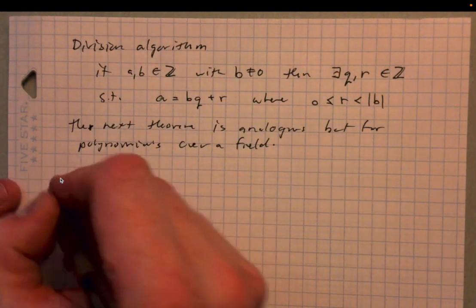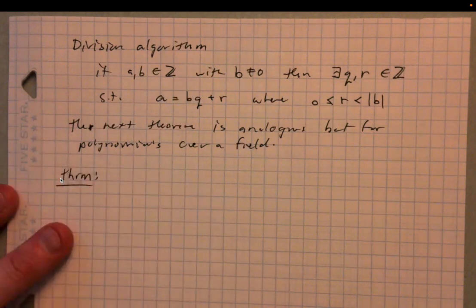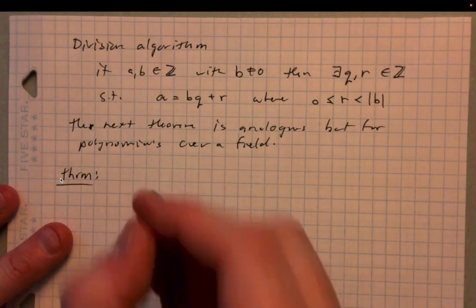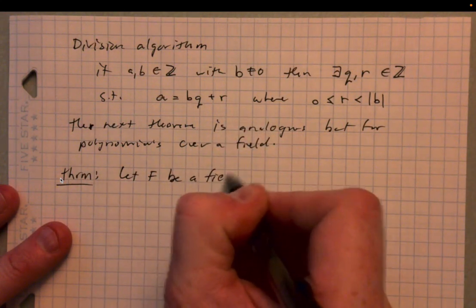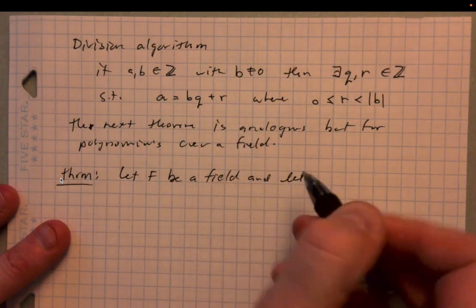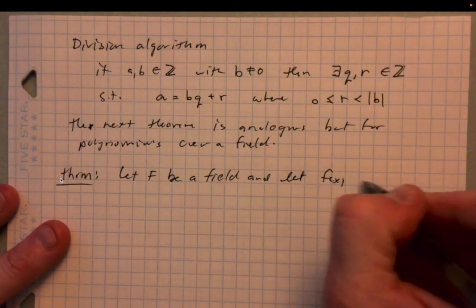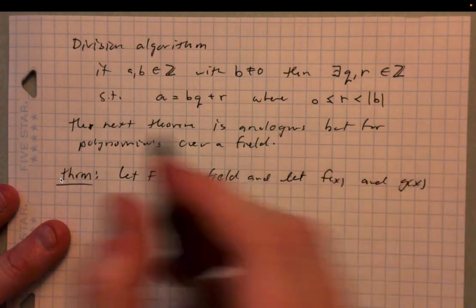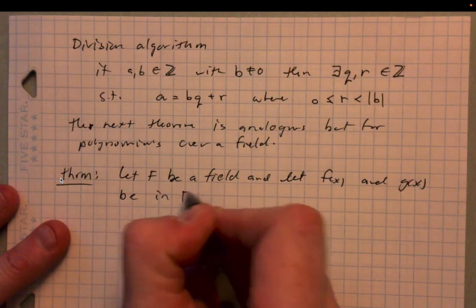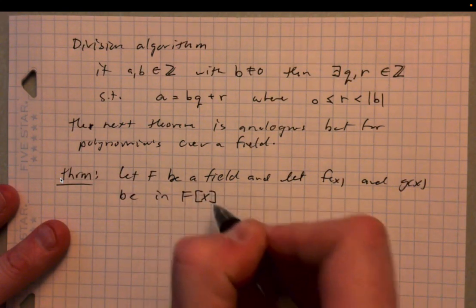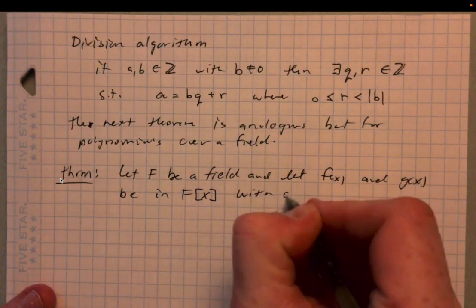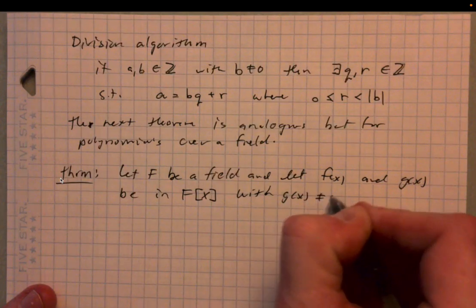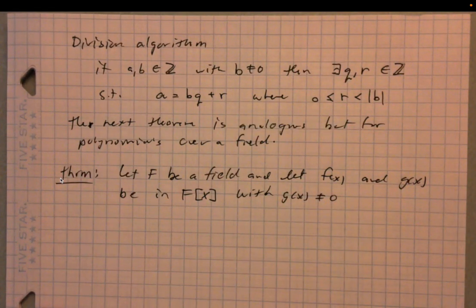Okay, so this is how the theorem goes. This would be the division algorithm for polynomials. So let F be a field and let f of x and g of x be in the ring of polynomials over F, right? And we'll say with g of x not equal to 0, so not equal to the zero polynomial.